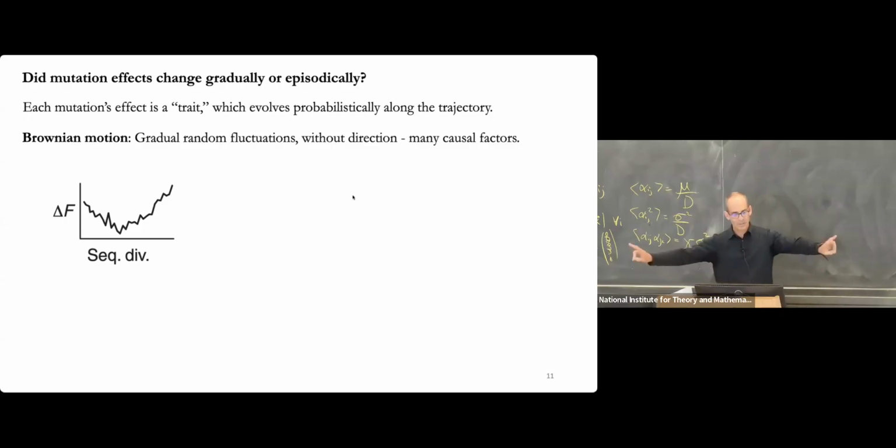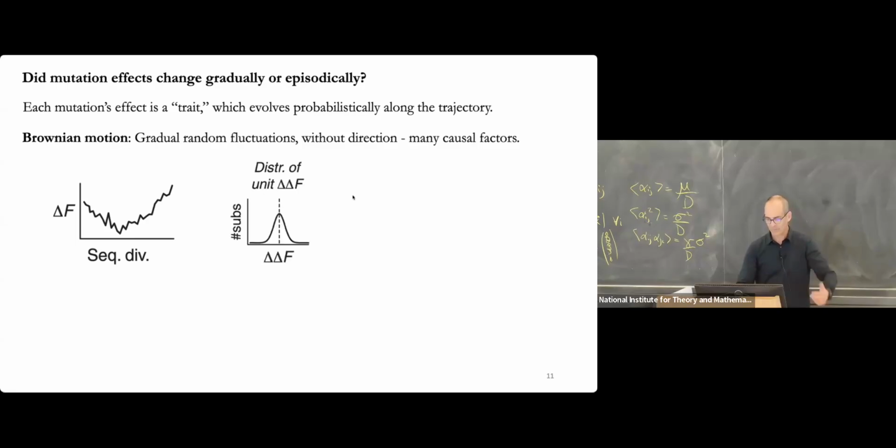All right, so we're going to compare 2 different models for the temporal dynamics of change. One is Brownian motion, that the effect of a mutation changes gradually and at random without direction, which implies that there are many causal factors.